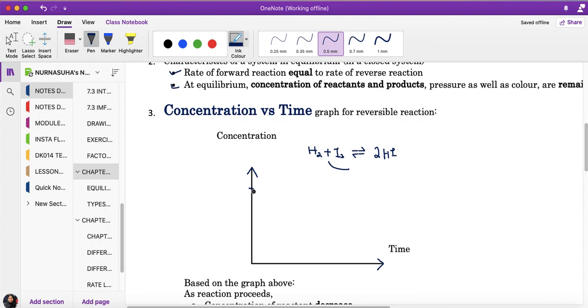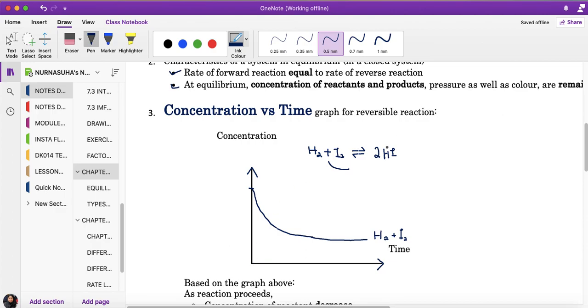So lama kelamaan dia akan turun, sampai satu tahap dia dah jadi constant. So this curve is for reactant. Reactant kita is hydrogen plus iodine.